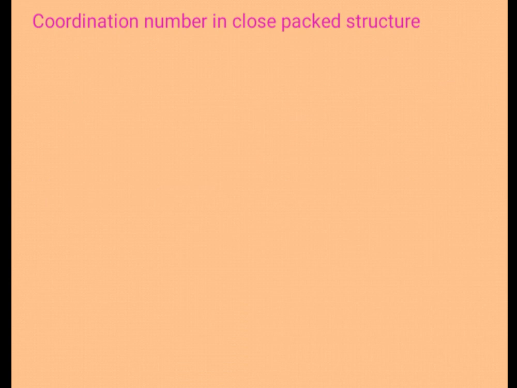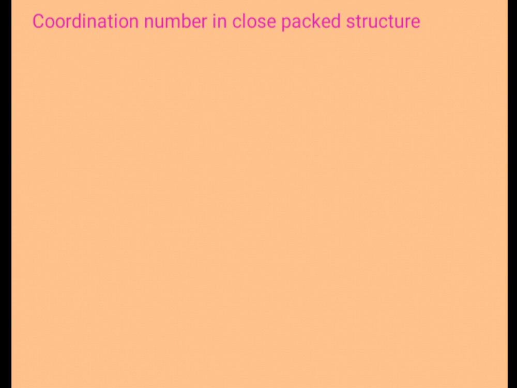The next most important point is the coordination number in the close packed structure. There are three types of arrangements obtained. First is simple cubic, second is hexagonal close packed structure, and third is cubic close packed structure or face centered cubic structure.